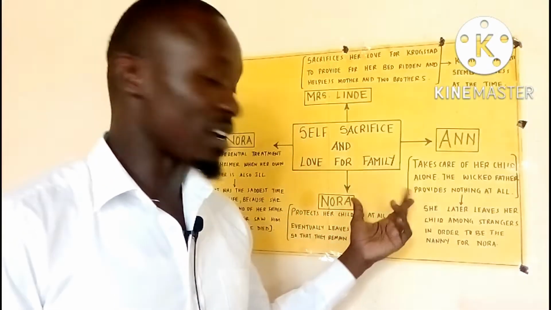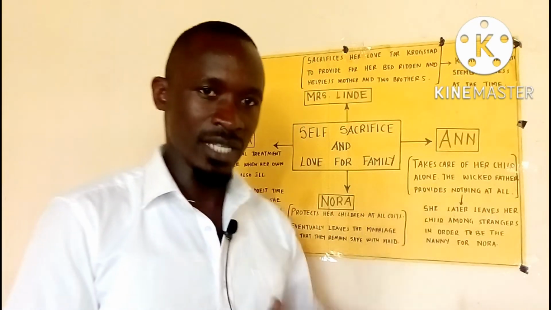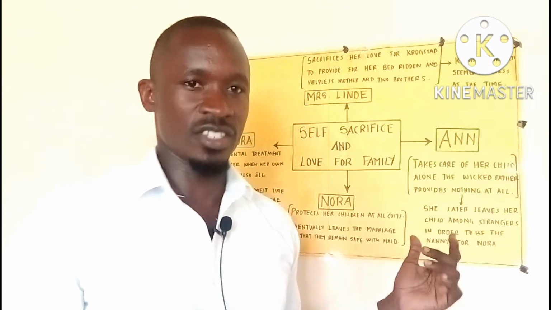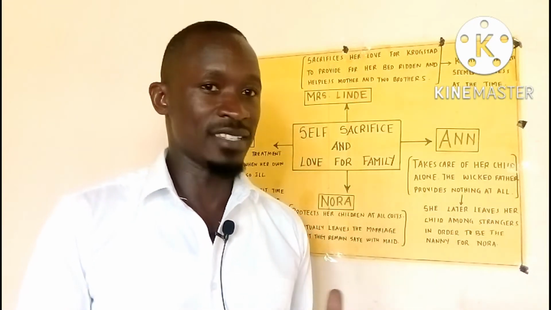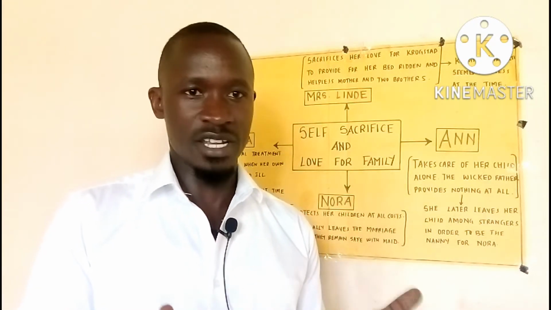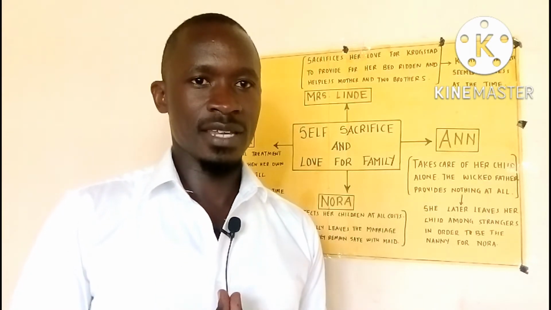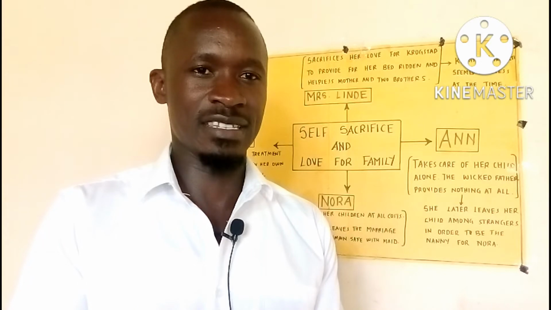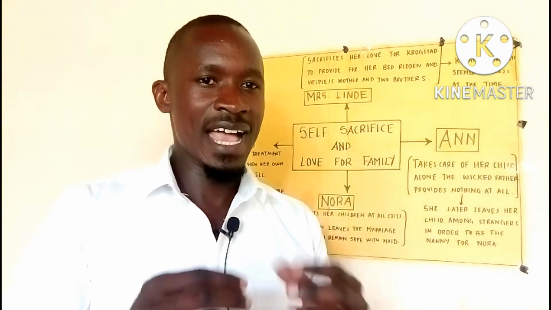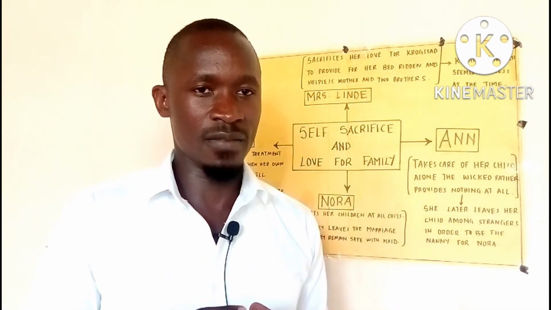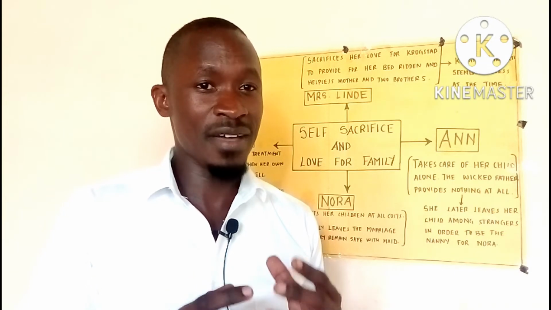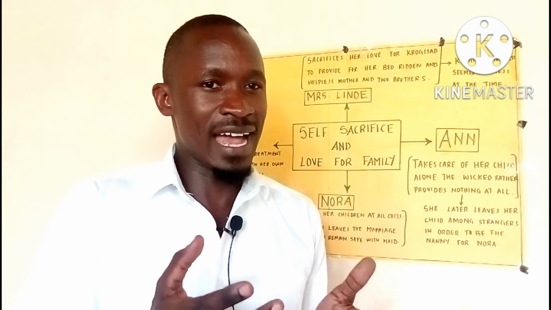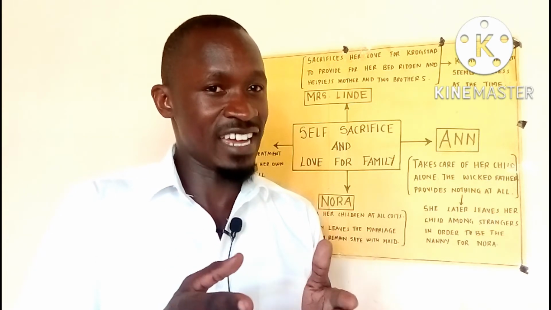2, we can focus on Anne. Anne, the maid. At one time, Anne has a child, but the wicked man provides her with nothing. What does she do? Anne gives up her child to be with strangers in order to be the nurse of Nora. She sacrifices the mother-daughter relationship with her child so that she can build up the life of Nora and her children.